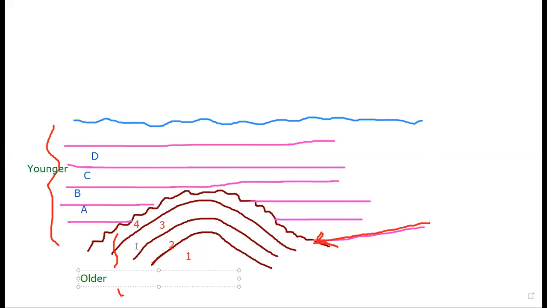When you look carefully, this structure is considered as an angular unconformity. The angular unconformity which I have marked here is an angular unconformity. So by this process the angular unconformity is formed.